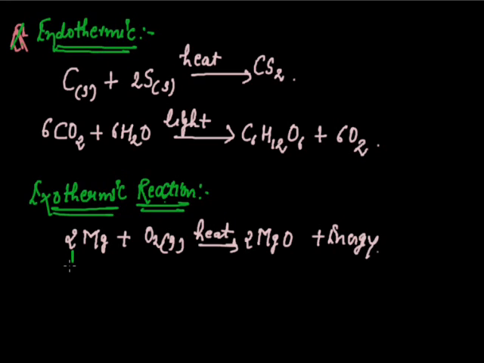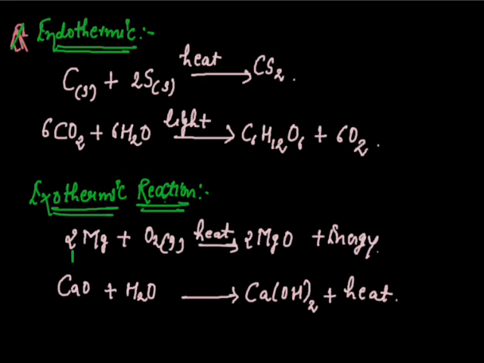Or when quicklime, that is calcium oxide, is placed in water, it becomes very hot and sometimes starts boiling. It is because of the release of heat energy during the reaction.